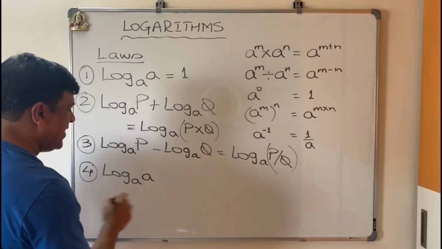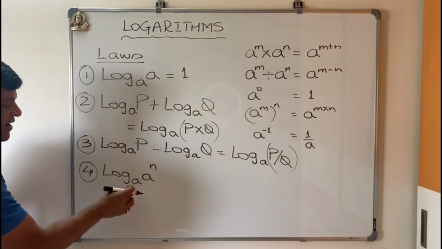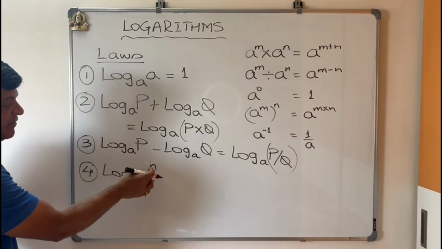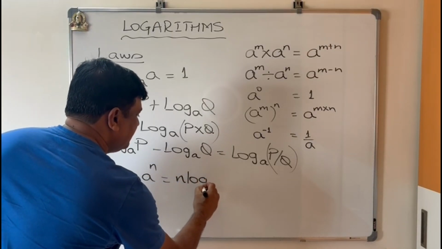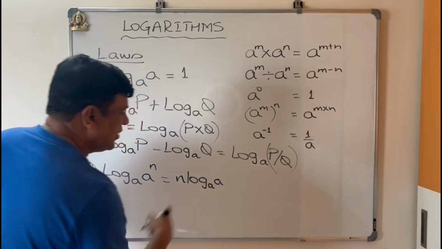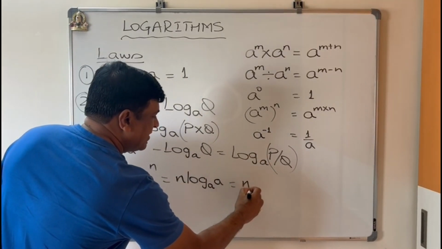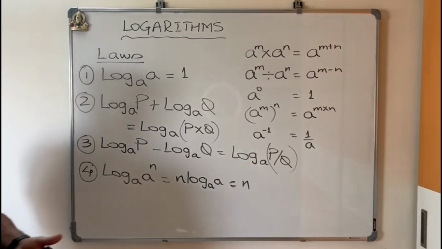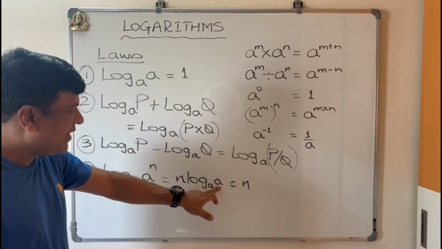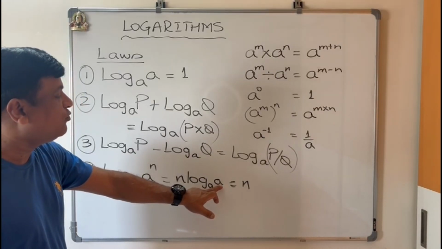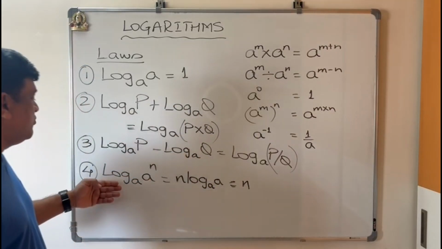If I have something to the power n, the base and number are same but the power is different, so this becomes n times log a of a. Look at it. What is log a of a? Remember this one, because log base a of a will always be equal to 1. When I substitute that value, I get this is equal to n.